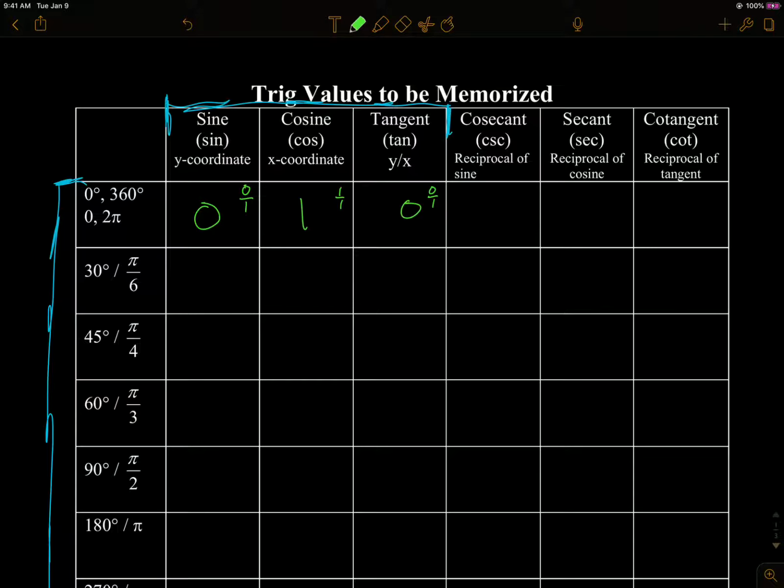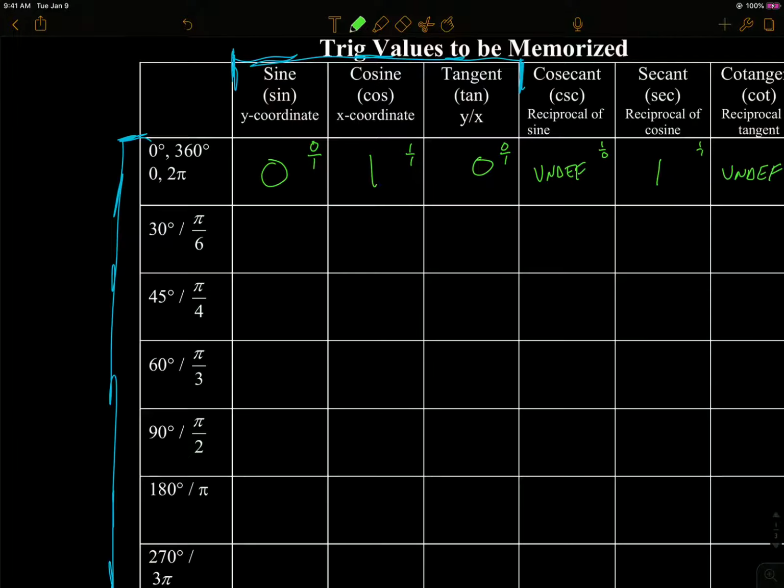If I flip it, it is now 1 over 0, and that's undefined. We cannot divide by 0. Secant is the reciprocal of cosine, so 1 over 1 flipped becomes 1 over 1 again, that's just 1. And cotangent is the reciprocal of tangent. Again, if we flip 0 over 1, we get 1 over 0, so we end up getting undefined.